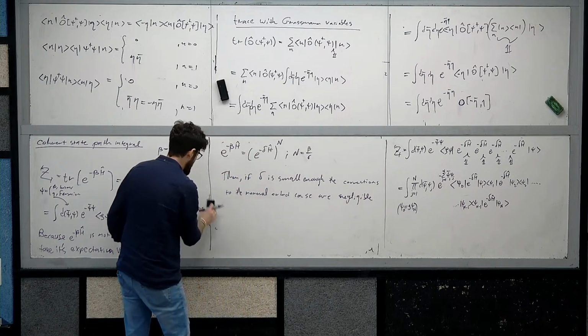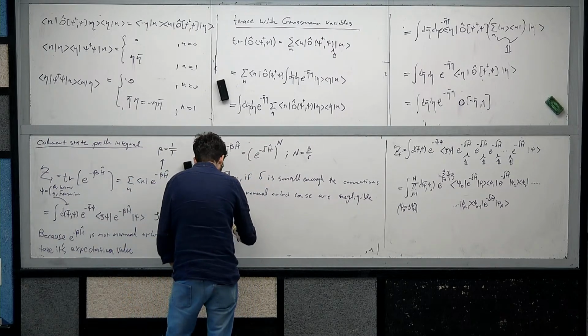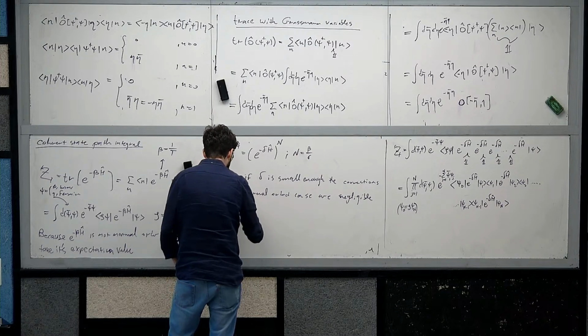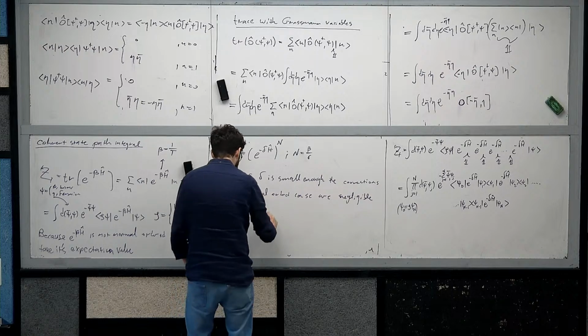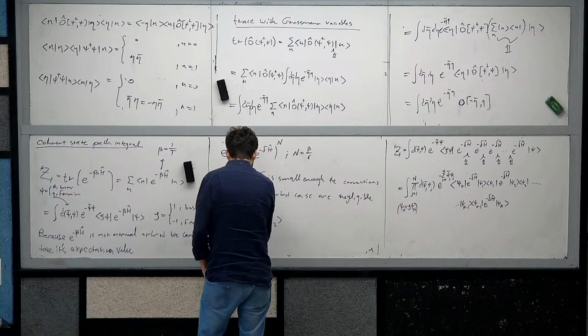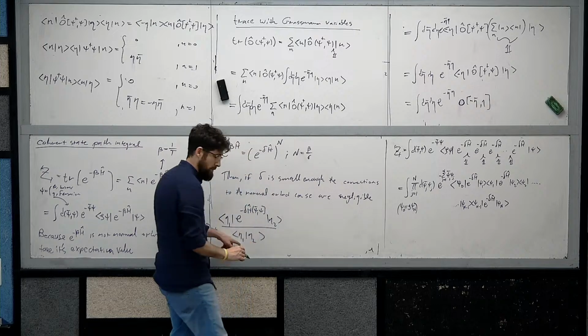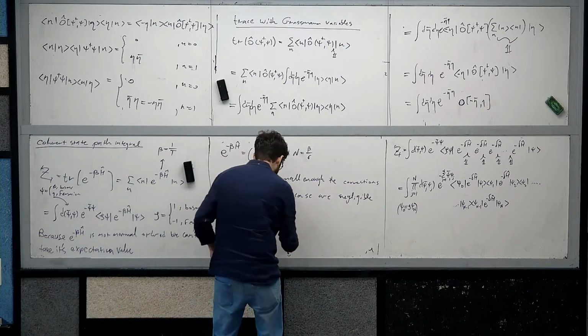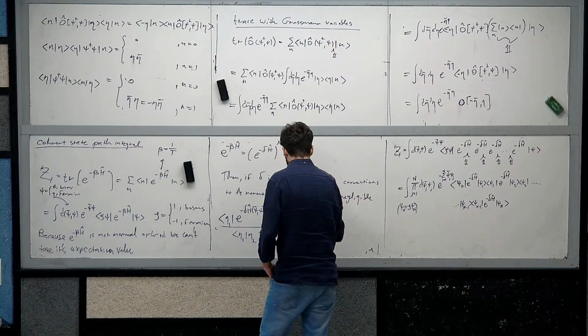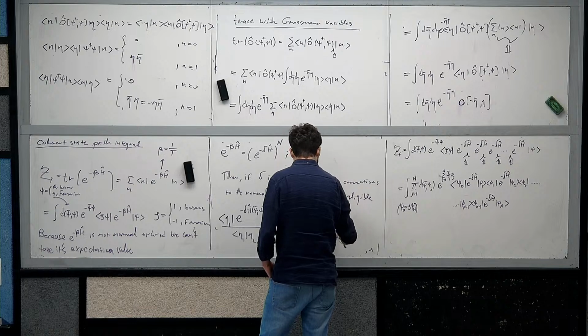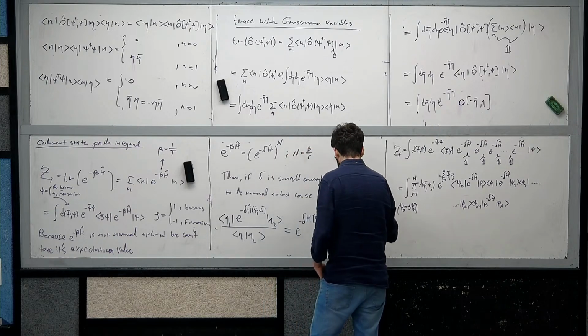Again, if I write eta 1, e to the minus delta h of psi bar and psi, eta 2, divided by eta 1, eta 2, then it gives what I said. Then it gives e to the minus delta h of eta bar 1, eta 2, plus O of delta squared.